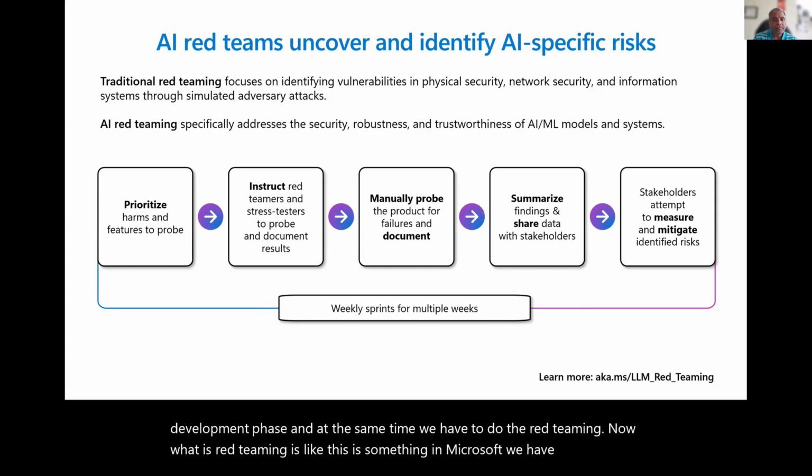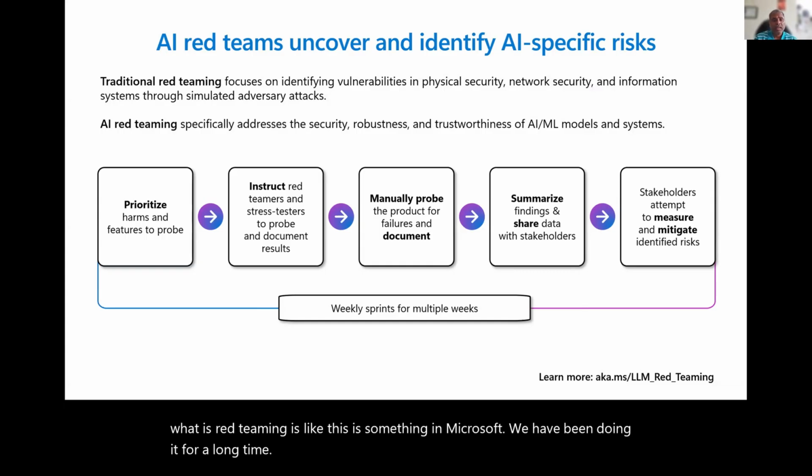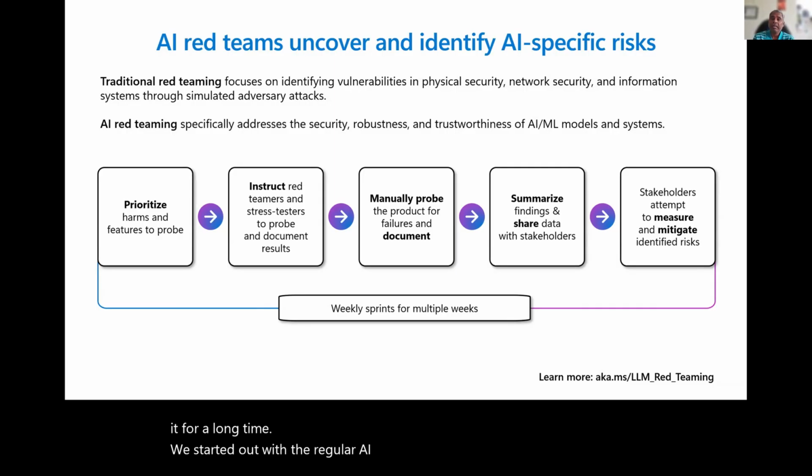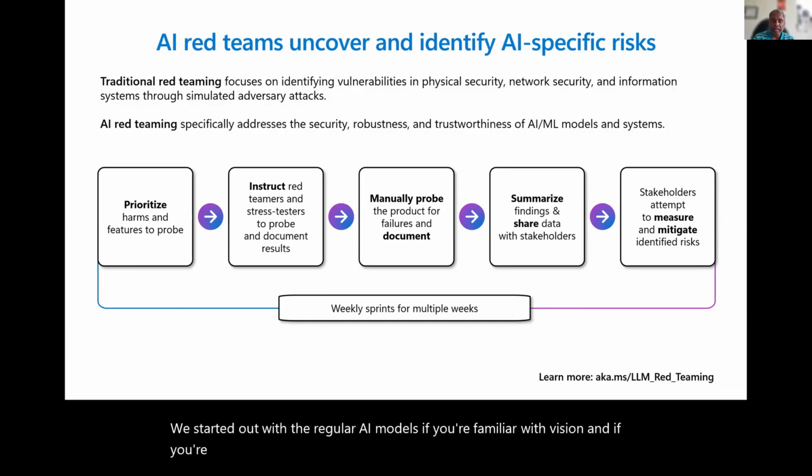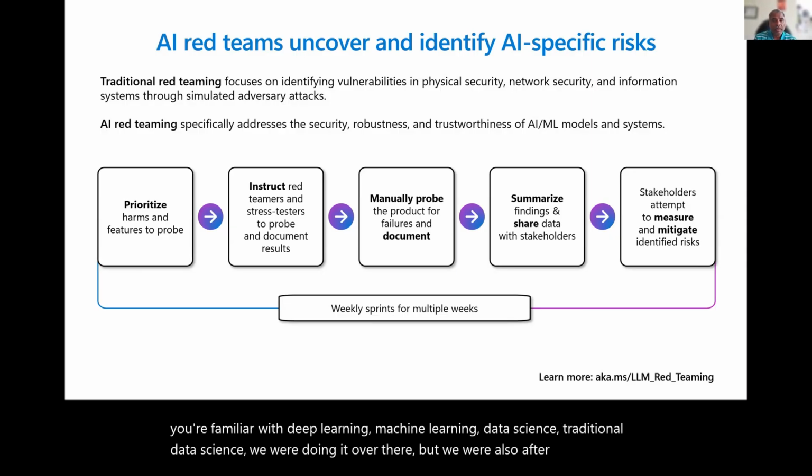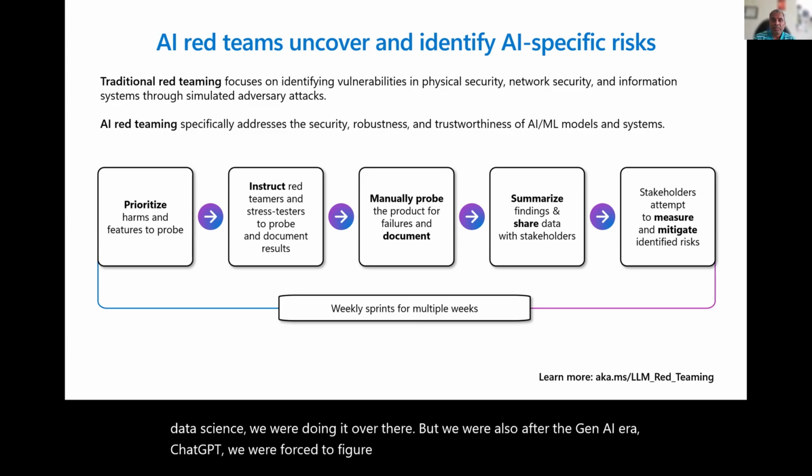Now, what is red teaming? This is something we in Microsoft have been doing for a long time. We started out with the regular AI models, if you're familiar with vision, deep learning, machine learning, traditional data science. We were doing it there, but after the Gen AI era, ChatGPT, we were forced to figure things out, because it started producing new threats for us, right?